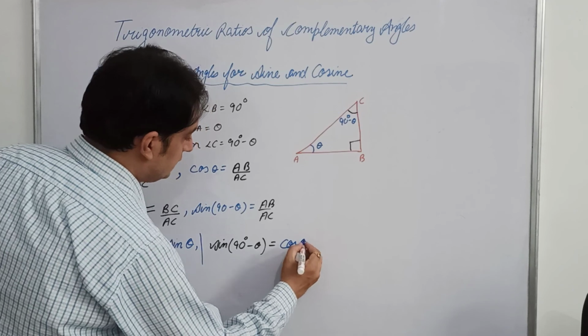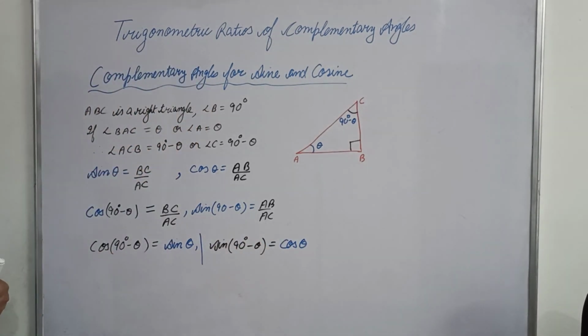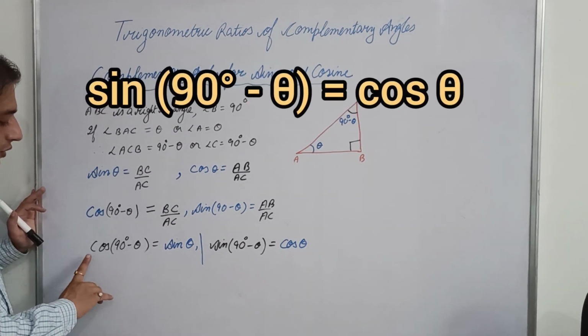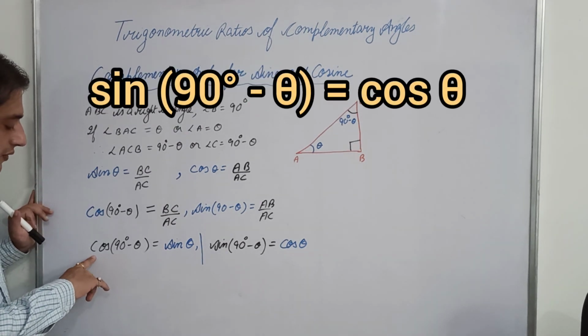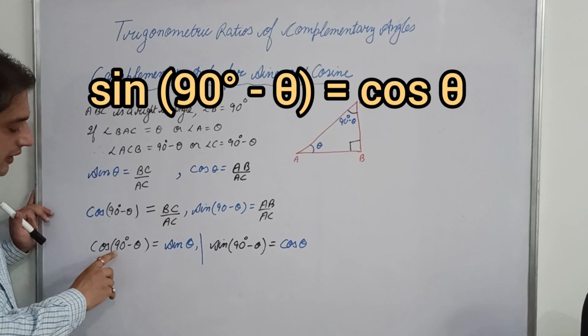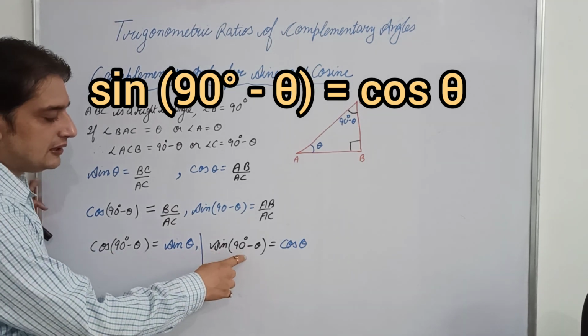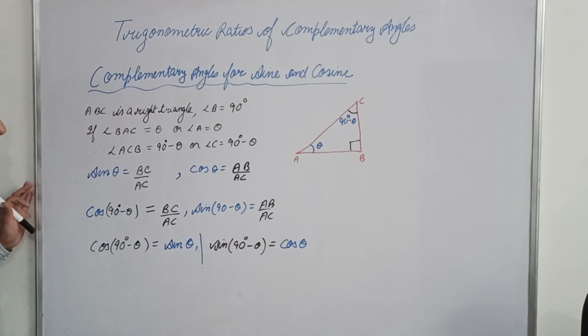The two ratios are equal, but only in the case of complementary angles. So cosine of 90 minus theta equals sine theta, and sine 90 minus theta equals cos theta.